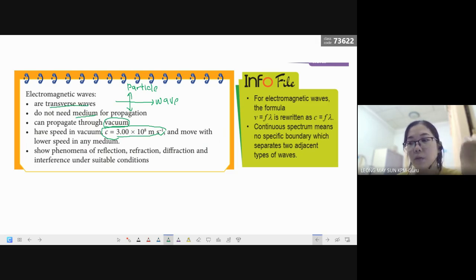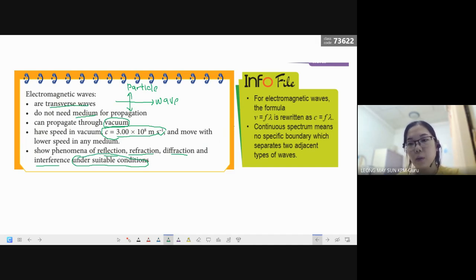So far, the speed of light is the fastest that has been detected. Whatever is non-vacuum, electromagnetic wave will move slower. It shows the phenomena of reflection, refraction, diffraction, and interference. Do take note, under suitable conditions.